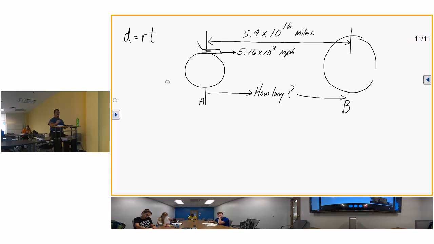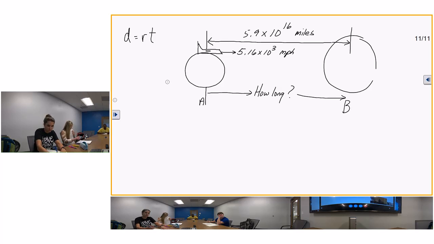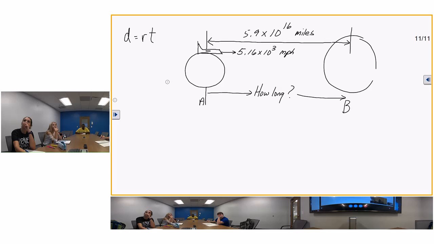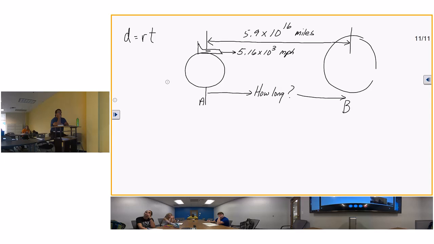What do we have and what are we looking for? We have the speed and the distance. So we're trying to find the time. So you need to solve for t.